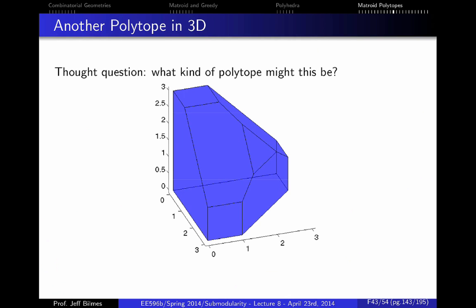So here's another question. What kind of polytope might this be? I'm not going to answer this, but this is just something to ponder. A couple of things different about it.